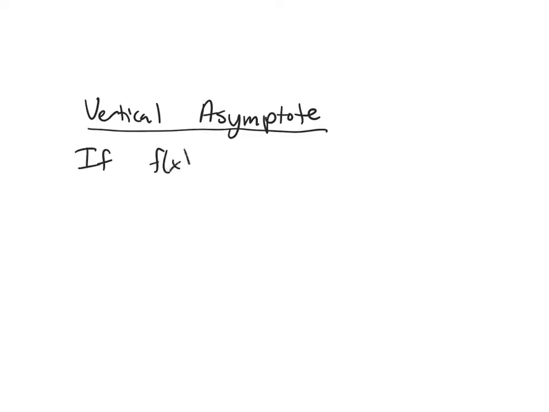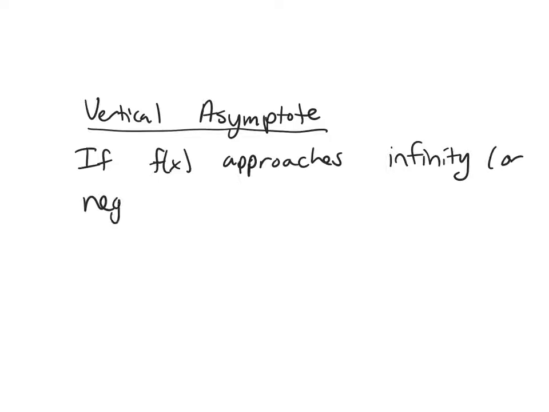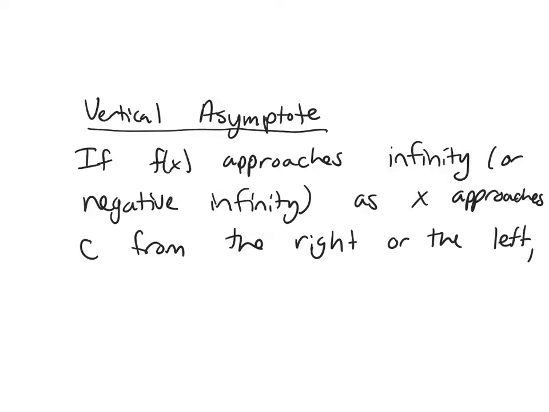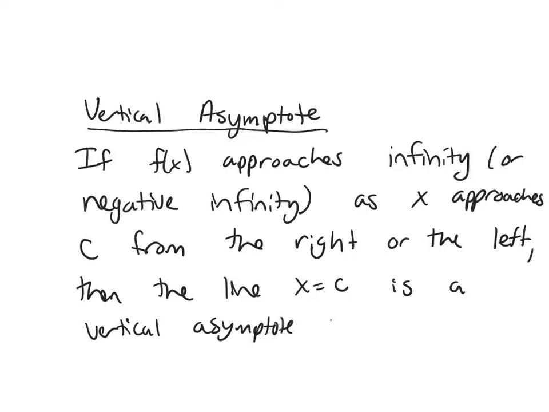If your function approaches infinity or negative infinity as x approaches c from the right or the left, then the line x equals c is a vertical asymptote of the graph of f.